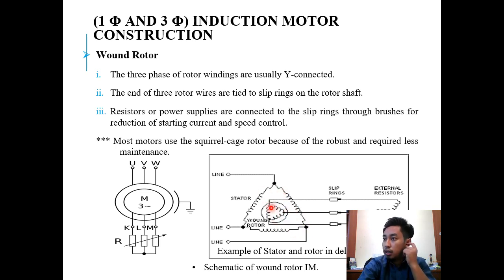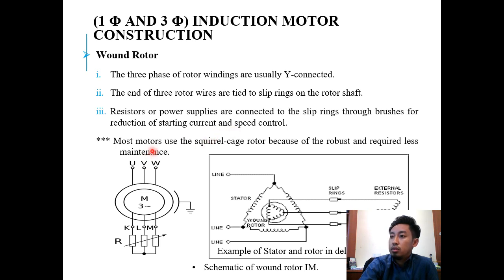You can check back on this sentence: the rotor is tied to the slip ring. This is the slip ring, and every phase is connected to it, and this is the external resistor. The resistor or power supply is connected to the slip ring through brushes for reduction of starting current and speed control.